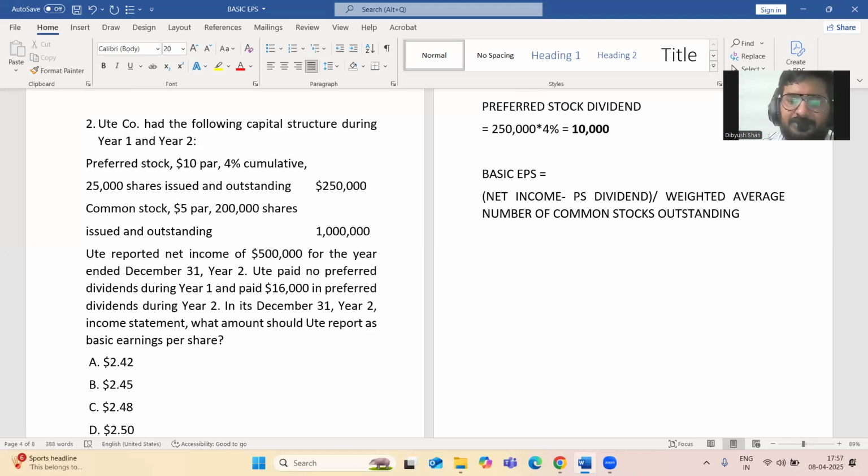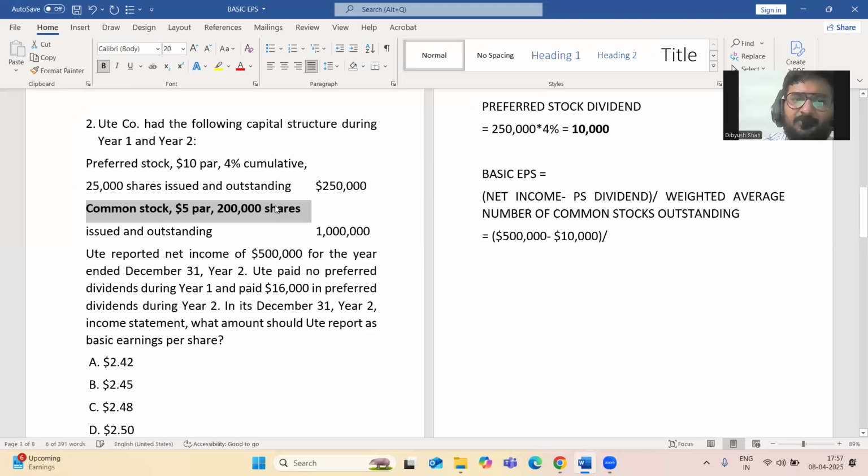Now in this question, net income has been given for year 2, that is $500. Because it is cumulative, I have to take each year's due dividend every year, 10,000. I will ignore the actual dividend paid. And they have not told that shares were issued during the year. They are just telling common stocks, 5 par 2 lakhs. So this many shares must have been outstanding throughout the year. So divided by 2 lakh shares.